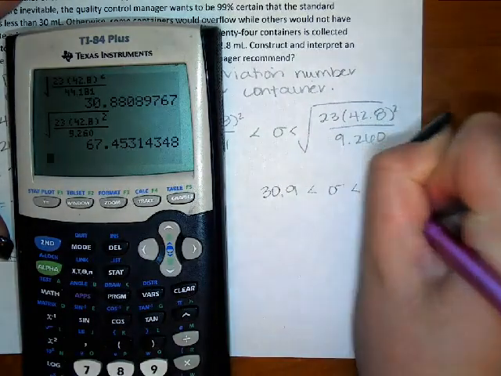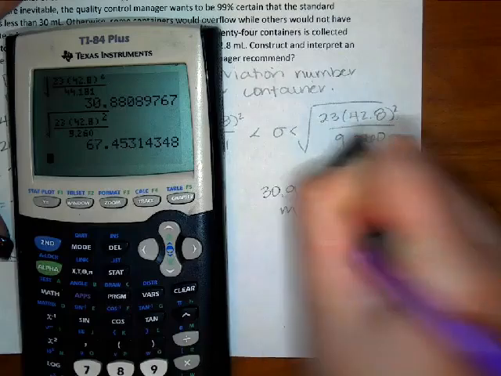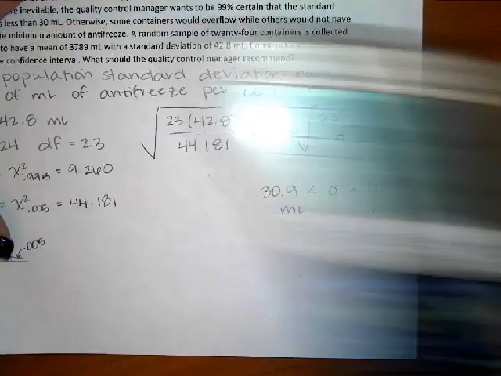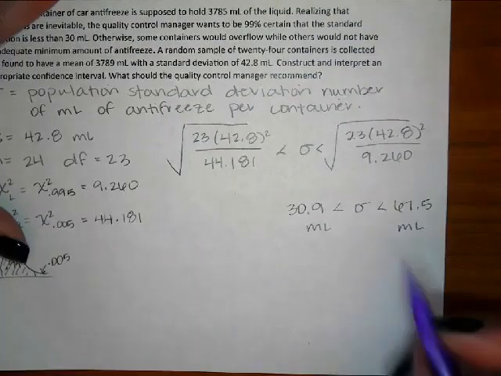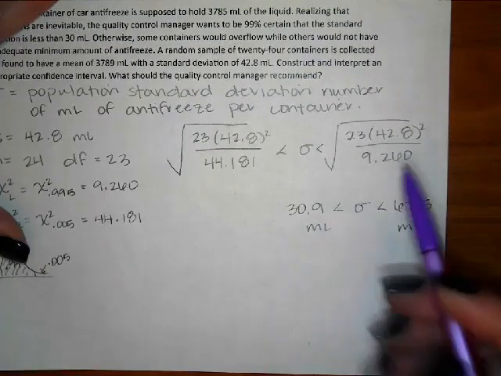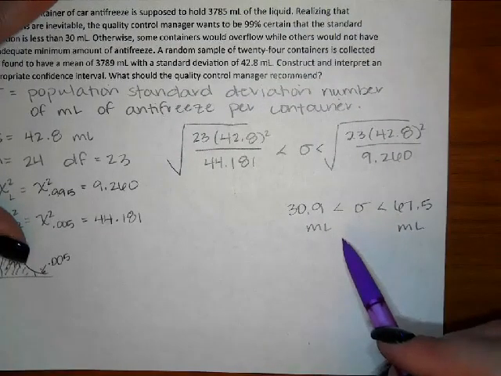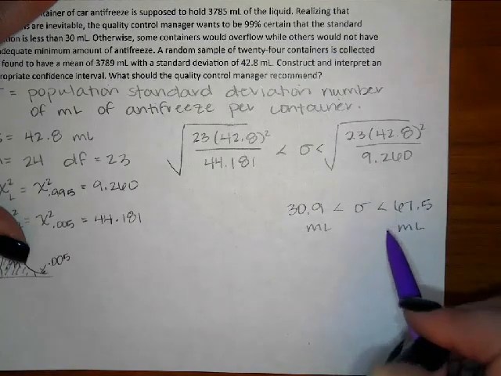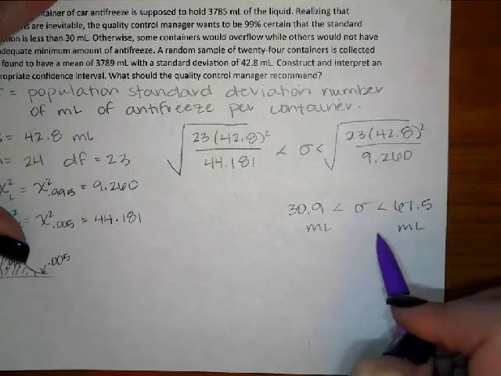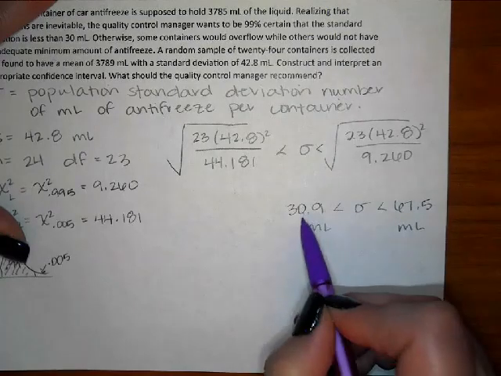Okay, so the interpretation of this confidence interval would be, we are 99% confident that the true population standard deviation of the number of milliliters of antifreeze per container is 30.9 milliliters to 67.5 milliliters.